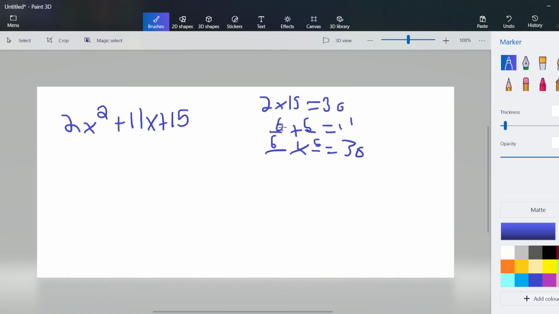So now that we have these two numbers, we're going to rewrite this by doing 2x squared plus 5x plus 6x plus 15. And now we're going to factor by grouping. The way we're going to do it is we have four terms here, and we're going to split this into two like this.